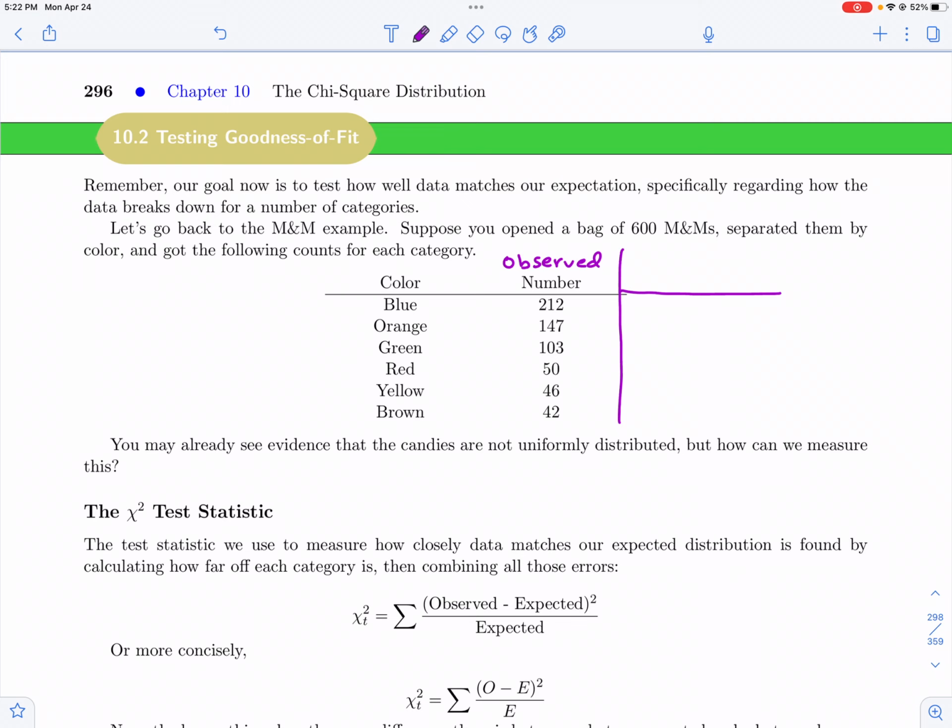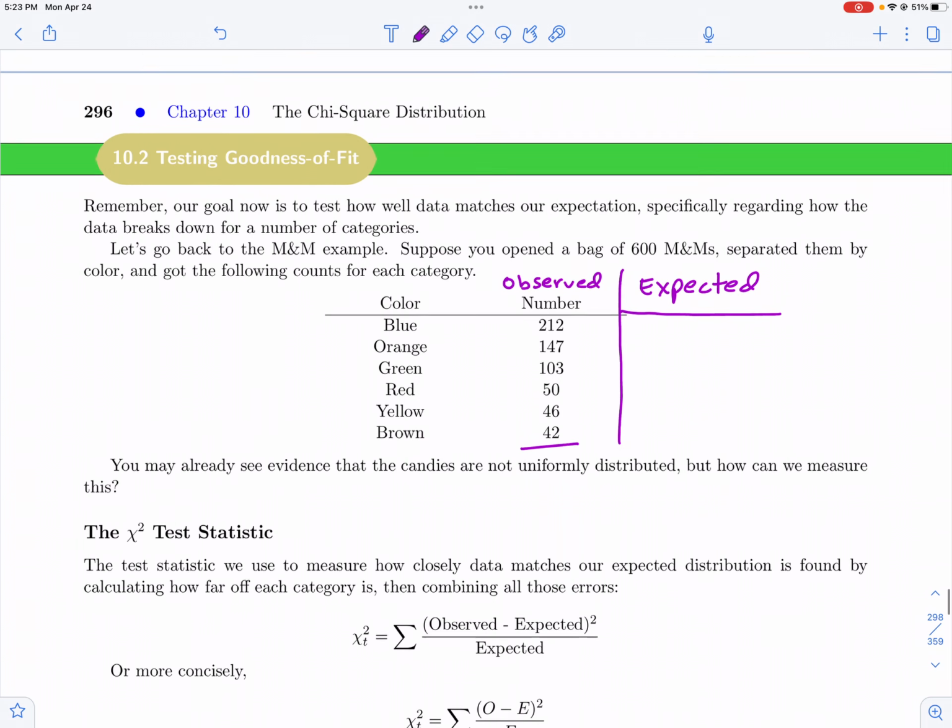Then if we want to figure out what our expected column should look like, what we could do is take the total number of M&Ms that we actually found and divide it by the number of colors that there are. That would be the number of expected M&Ms we would expect to get in a bag. So let me add these together real quick here. I've got 212 plus 147 plus 103 plus 50 plus 46 plus 42.